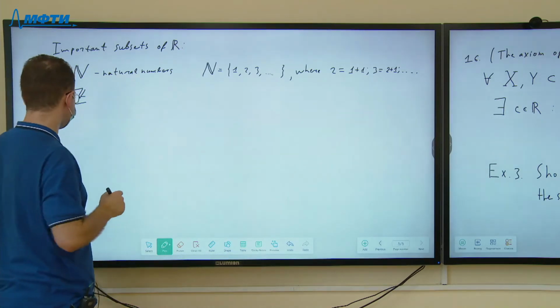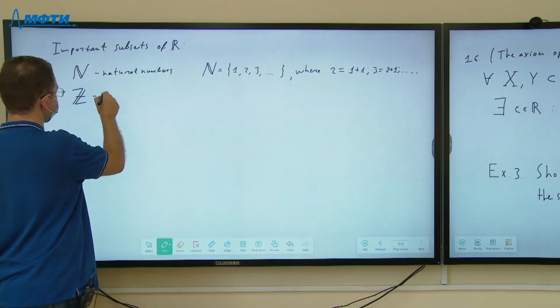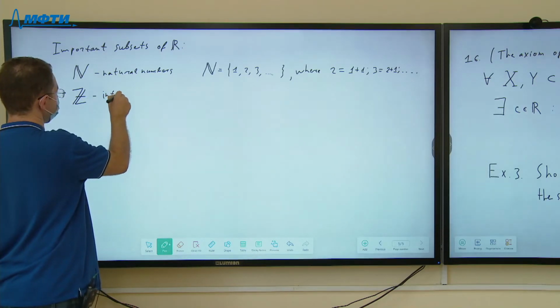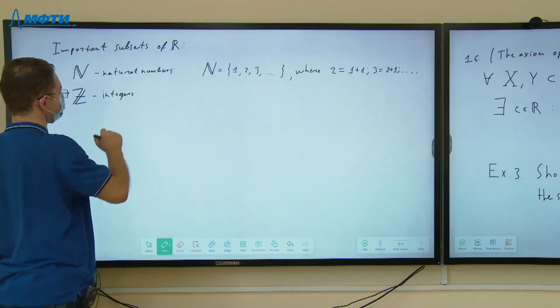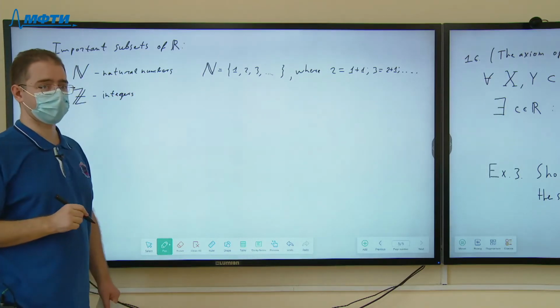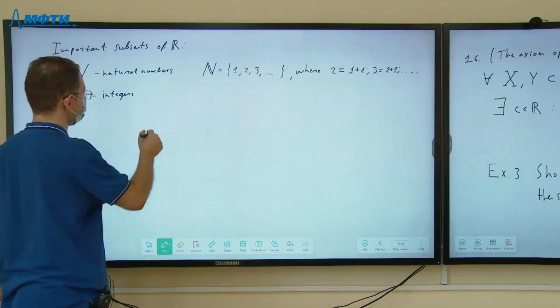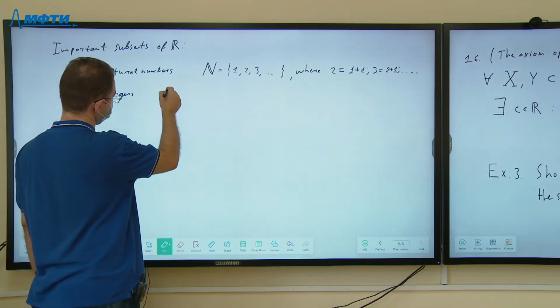Z is a set of integers, whole numbers. I will define it like that.